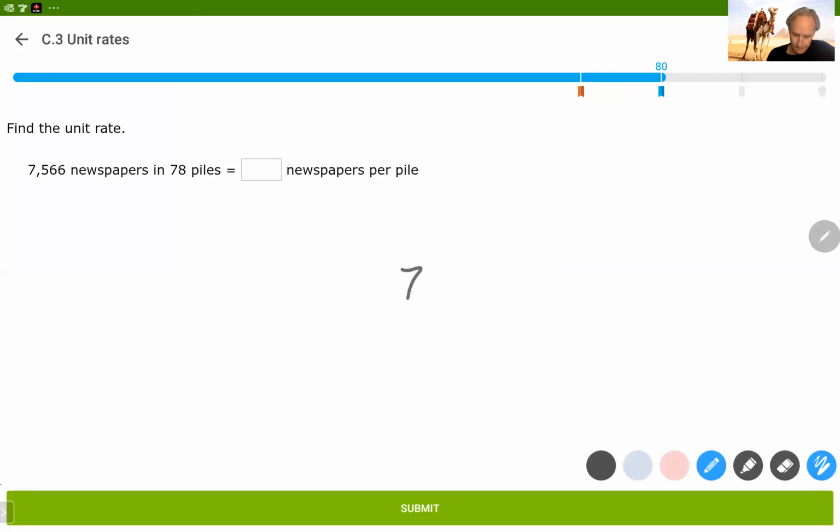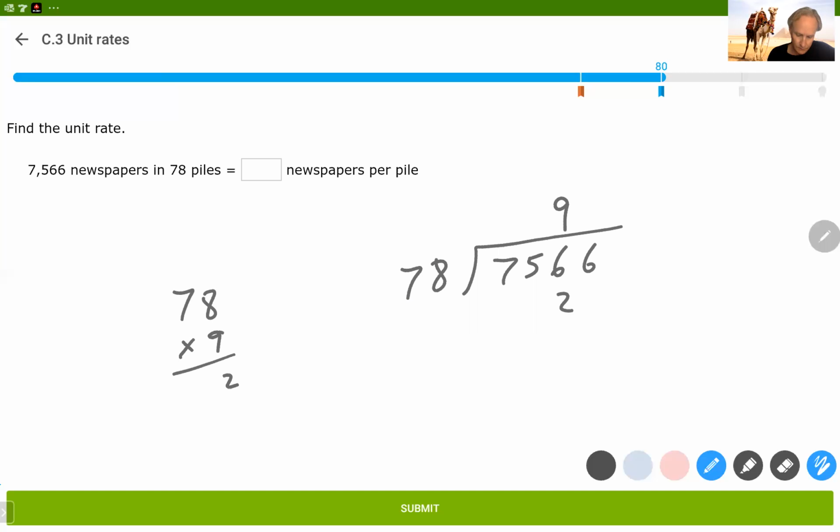$78 goes into 702. I'm going to guess 9 times. 78 times 9 is 2, carry the 7, and that's going to be 702.